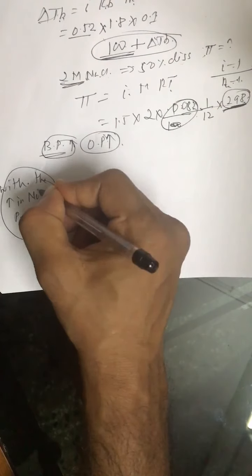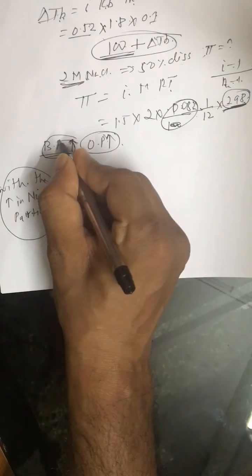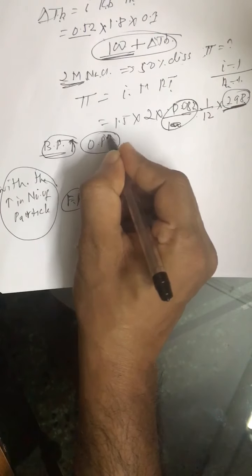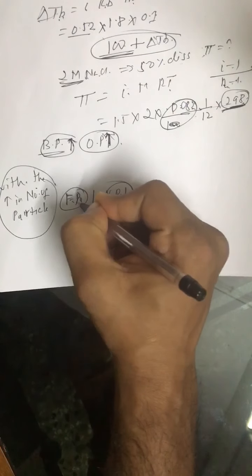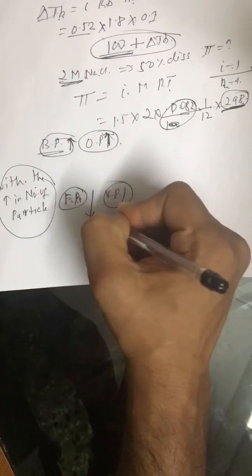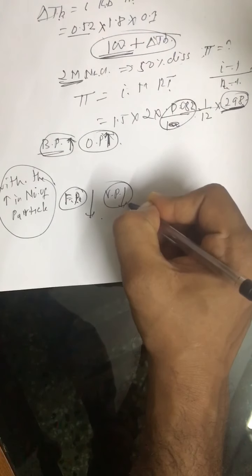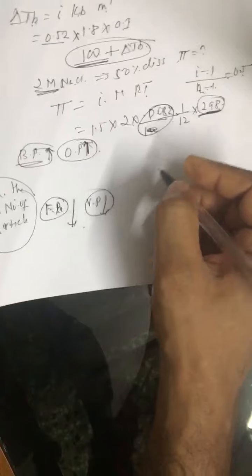A solution having the largest number of particles will show the highest BP, the highest osmotic pressure, the lowest freezing point, and the lowest vapor pressure.